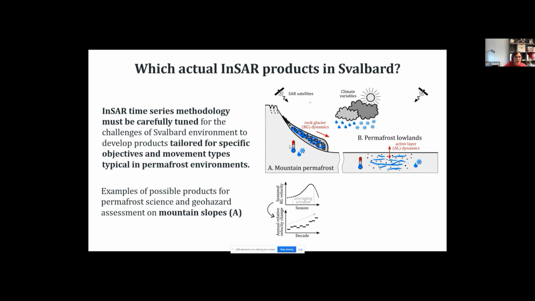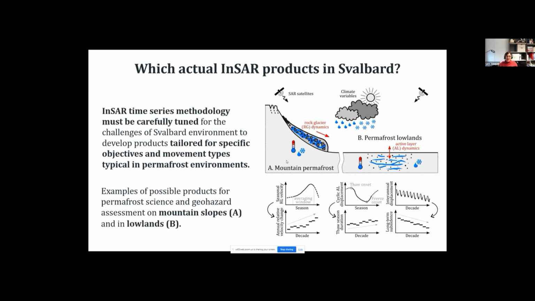And what we can be interested in here is to know where it is moving, how much it is moving, and how it changes during a season. Typically for a rock glacier, it tends to accelerate throughout the season, but also how it changes between years. And typically for a rock glacier, it has been shown that it tends to accelerate under warmer conditions.